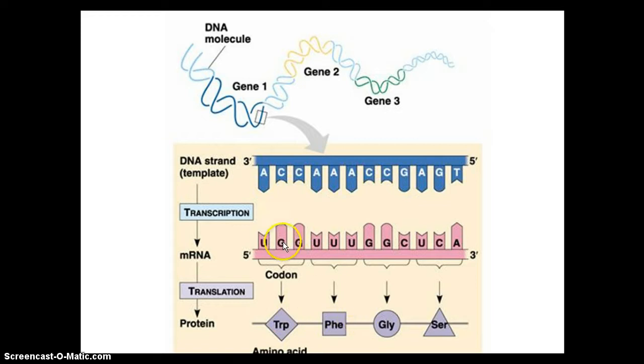And the sequence, or the order of codons, brings about the order of amino acids. And the order of amino acids determines the function of the protein. Remember that amino acids are the monomers of proteins. Amino acids build proteins. And the order of amino acids determines what the protein will do.